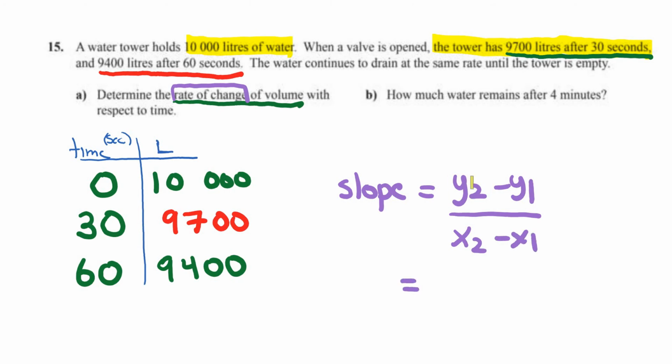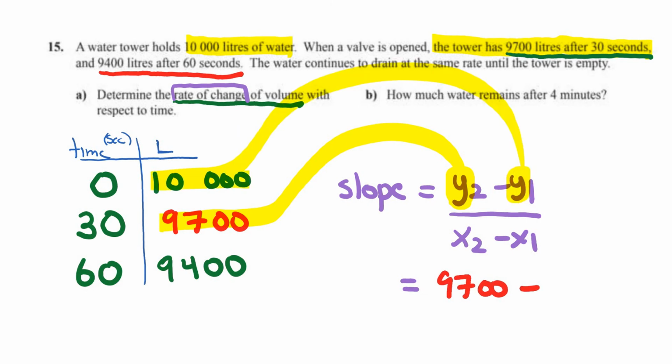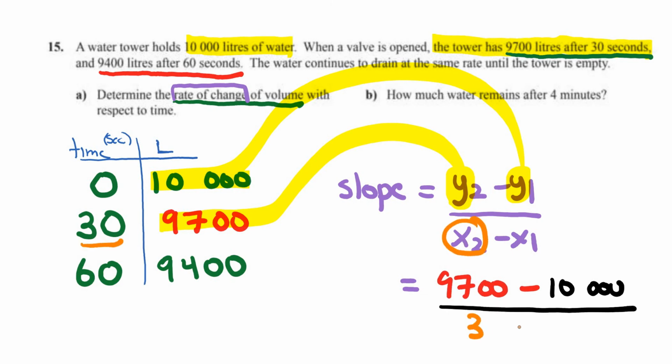All right, so what is y2 here? Well, for y2, let me just use the 9,700 here. So that'll be 9,700 minus y1. The y1 value I can use now is the 10,000 there. So minus 10,000, all divided by, now the x2 value that I'll be using here is going to be 30. So 30 minus, and then what is the x1 value here?